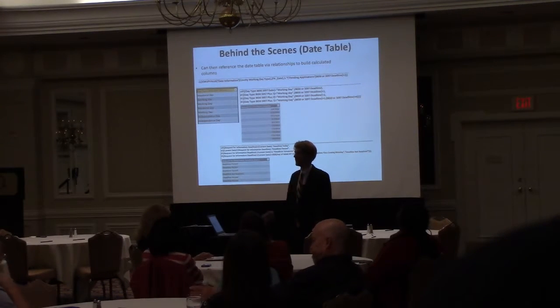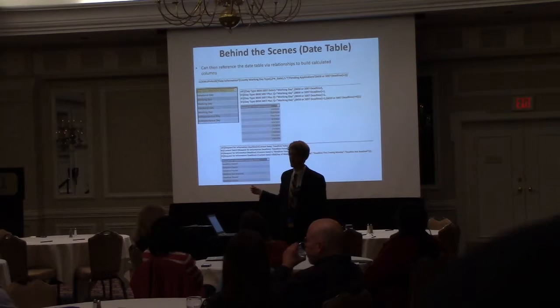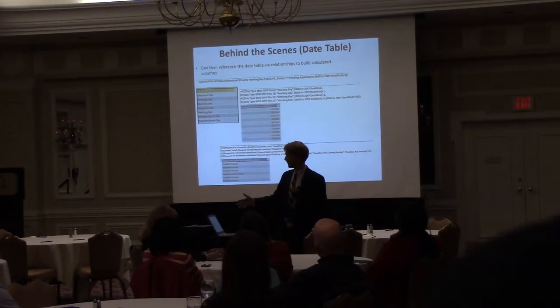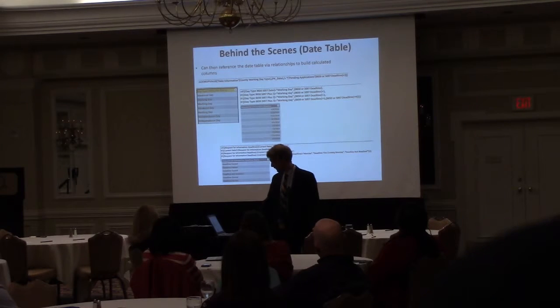So if I'm looking at a row of data relating to a pending application, I built DAX based on that app date plus 30 days plus 1 plus 2 plus 3 plus 4, all based on that data connection. And anything you create a calculated column for, you can use as a slicer in the front end.